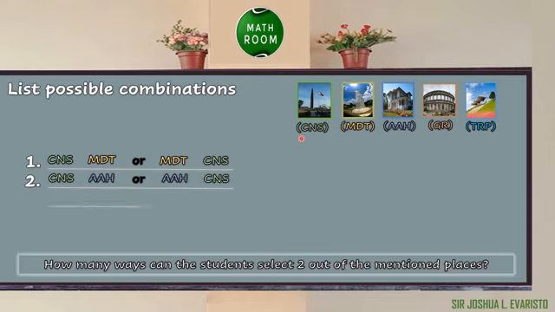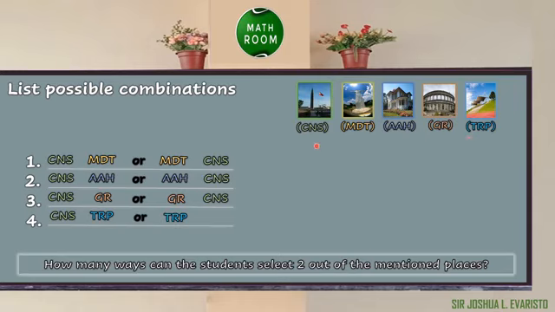The next combination is Capas National Shrine followed by Goshen Resort, or Goshen Resort and Capas National Shrine. The next combination, we have Capas National Shrine and Tarlac Recreational Park, or Tarlac Recreational Park and Capas National Shrine.